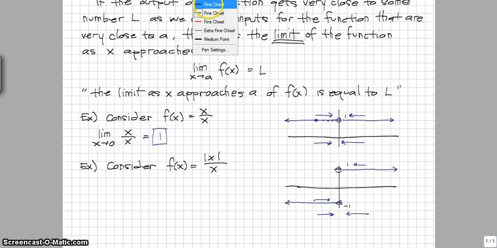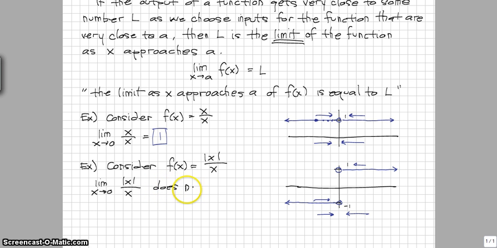And what that means for us is that the limit as x approaches 0 of the absolute value of x over x does not exist.